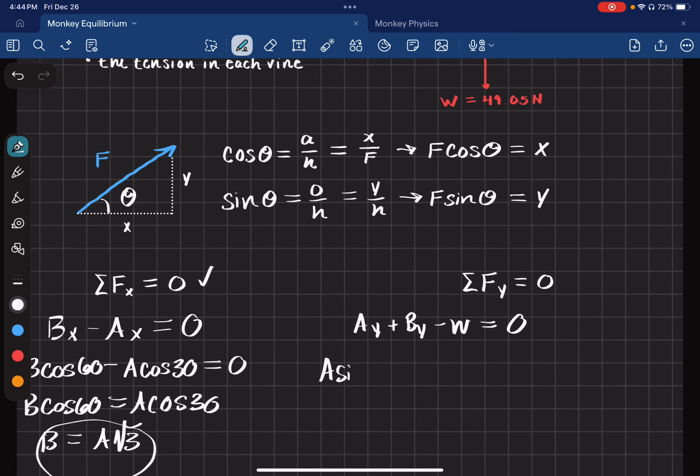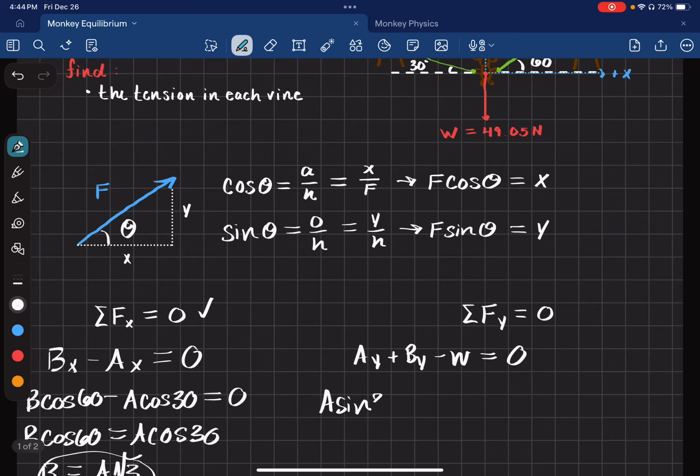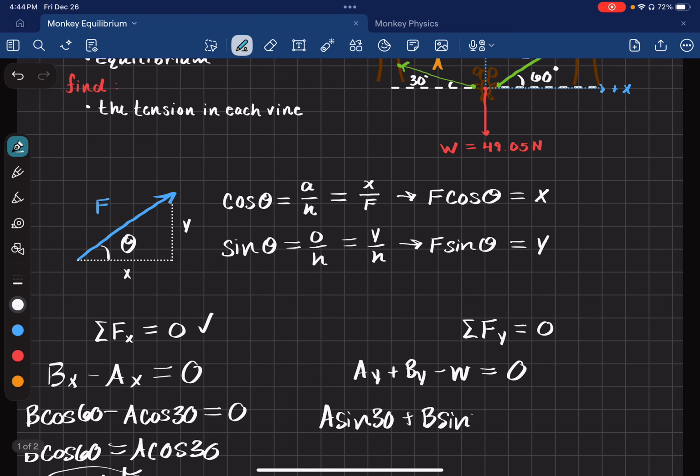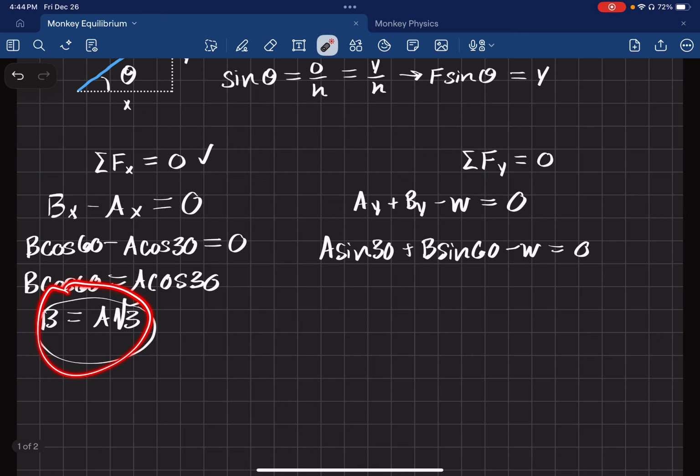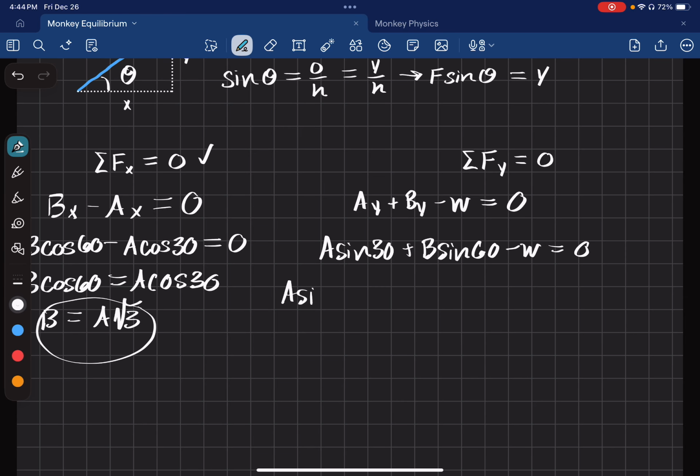So A sine 30 plus B sine 60 minus W. So we know B already. So everywhere we see a B, we can put A square root 3. And then there's only A, so we can solve for A.